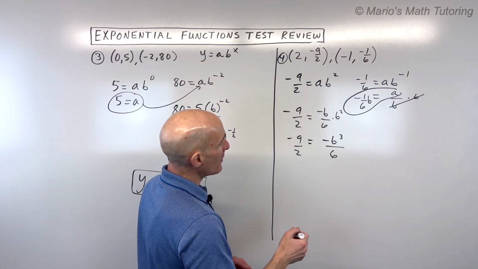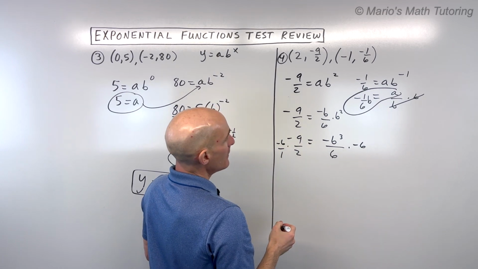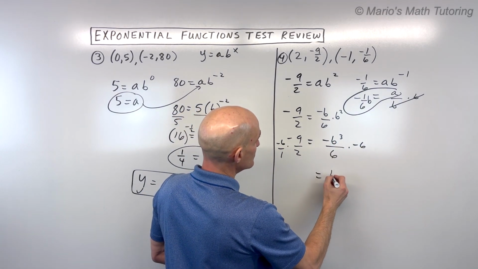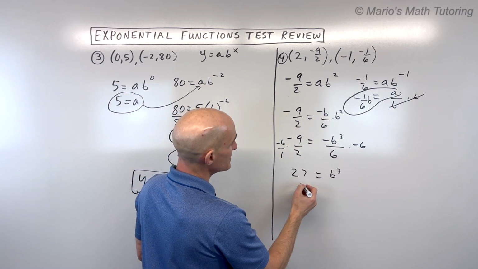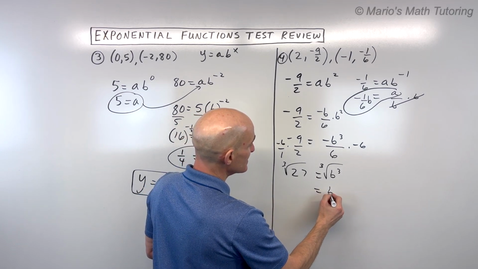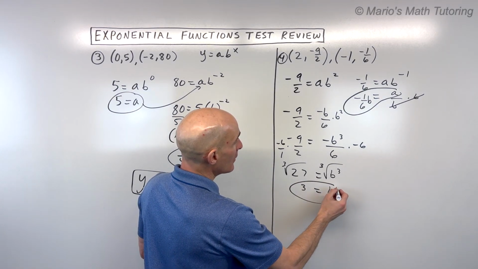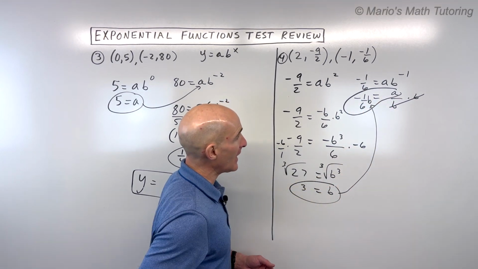And let's go ahead and multiply both sides by negative 6. And so that's going to cancel. That's going to make this b cubed equals, let's see, this is 54 over 2, which is 27. And if we take the cube root of both sides, we can see now that b is equal to 3. Okay, that's great. Now let's plug the 3 back in here to solve for a.